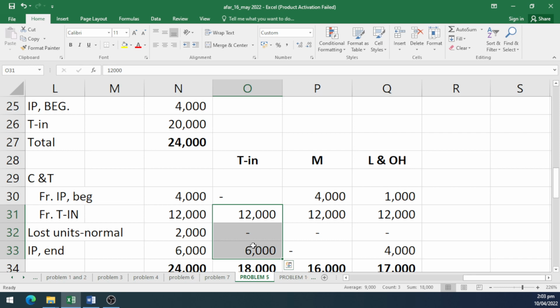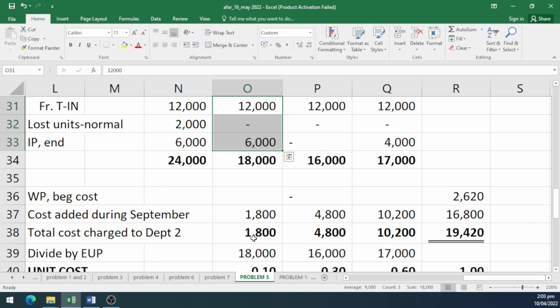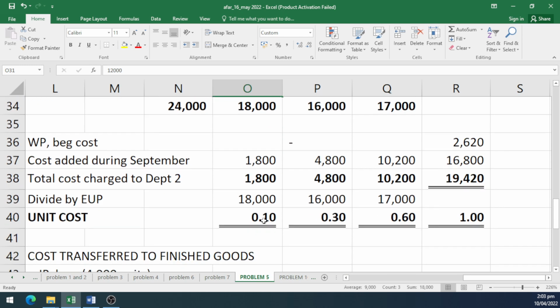The lost units are assumed to be never placed in the process. Kaya kung dati, yung 18,000 or yung 20,000, yun ang transferred in na mayroong cost, aba, ngayon 18,000 na lang mag-a-absorb nun. Ma-adjust yung unit cost from previous department actually.